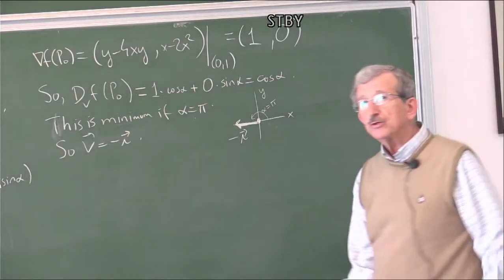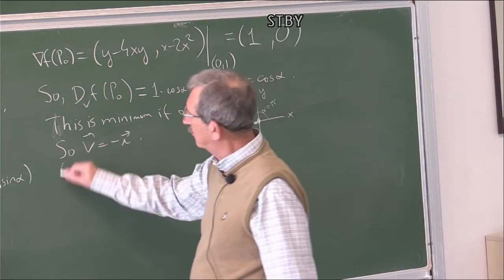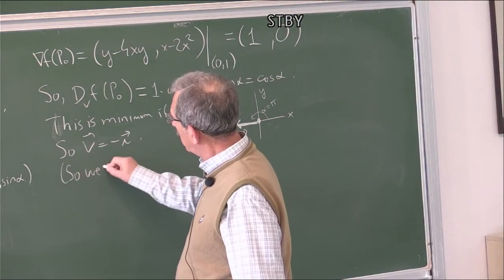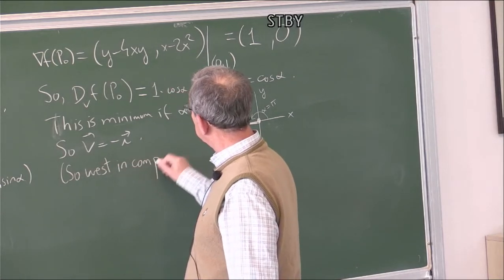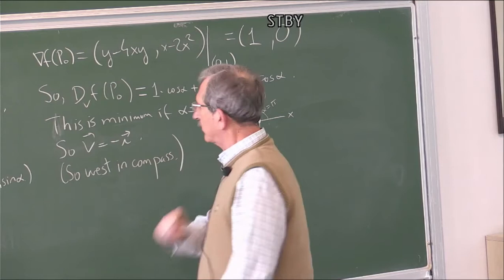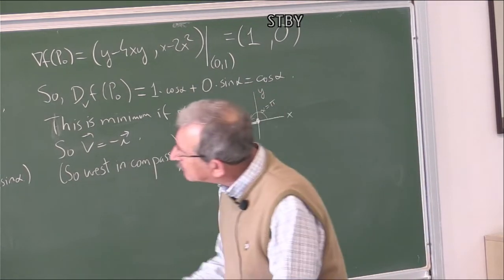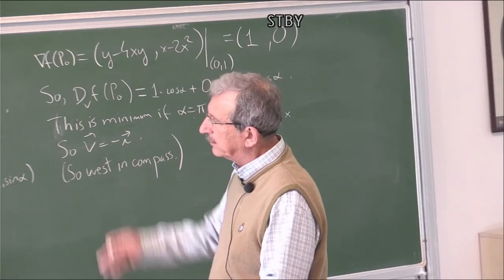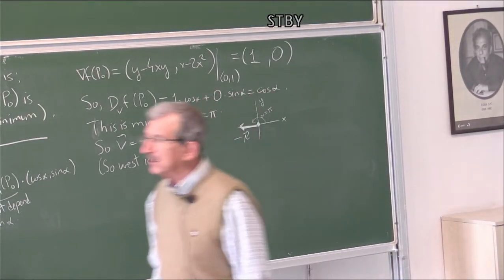In other words, it's the west direction in the compass. In this direction, we have the most negative slope, and it tells us that the ball will fall in that direction.